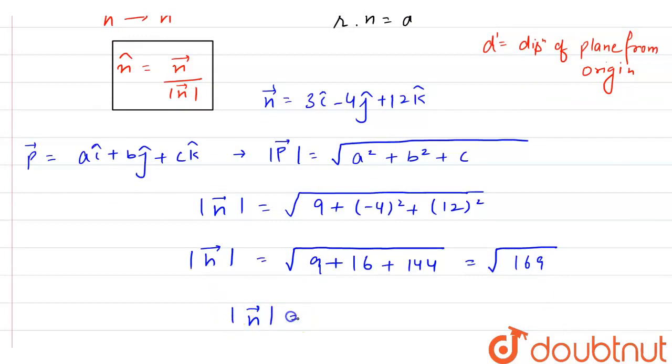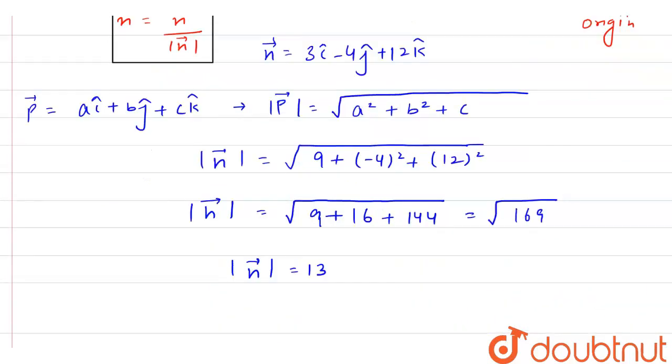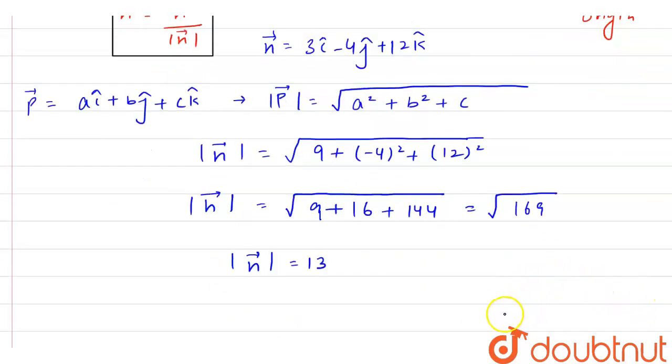The magnitude of n vector equals the square root of 3 square, that is 9, plus (minus 4) square, that is 16, plus 12 square, that is 144. So this equals the square root of 169, and we know that the square root of 169 is 13, so the magnitude of n vector is 13.